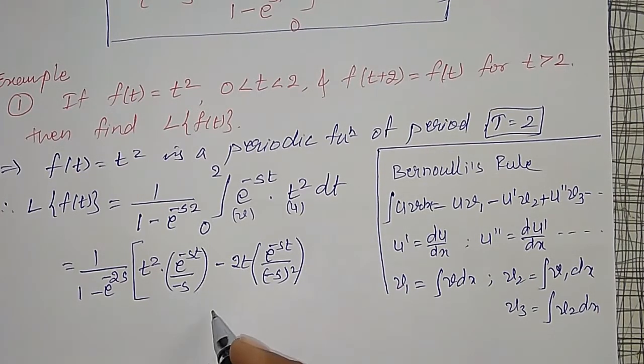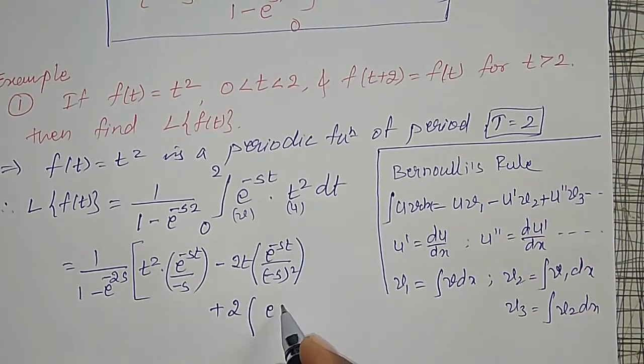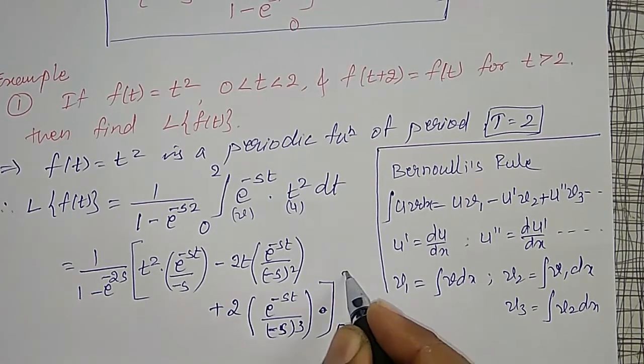The next, plus u double dash, the differential of 2t is 2, into v3, integration of v2, that is e raised to minus st divided by minus s cube. Next, minus the differentiation of 2 will become 0 and the term will become 0, therefore stop here. Then this is between the limits 0 to 2, substitute upper limit minus lower limit and simplify.